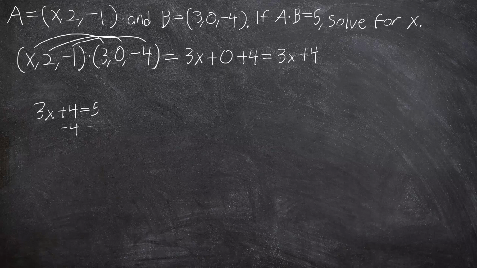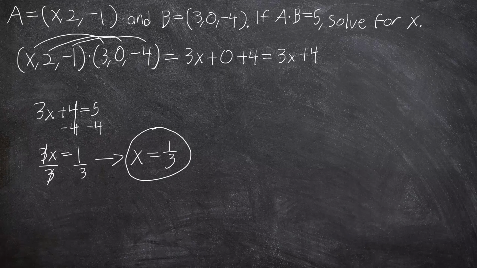Subtract 4 on both sides. 4's cancel out. We get 3x equals 1. Divide 3 on both sides. These 3's cancel out. And we get x equals 1/3. And this is the final answer.